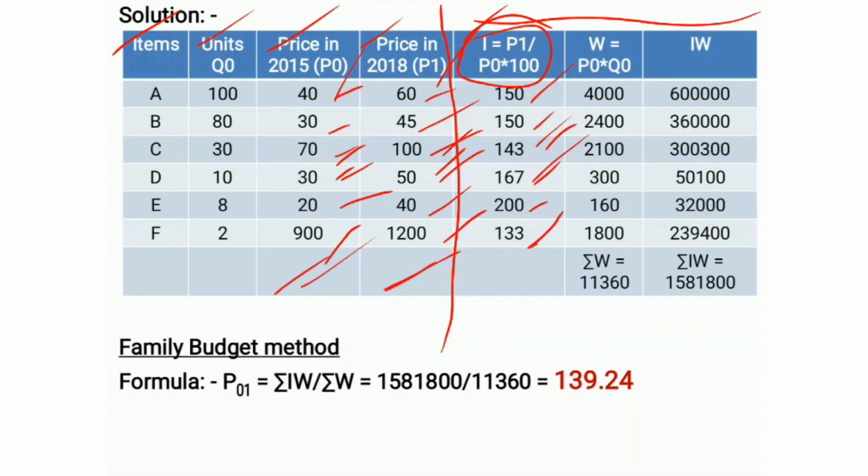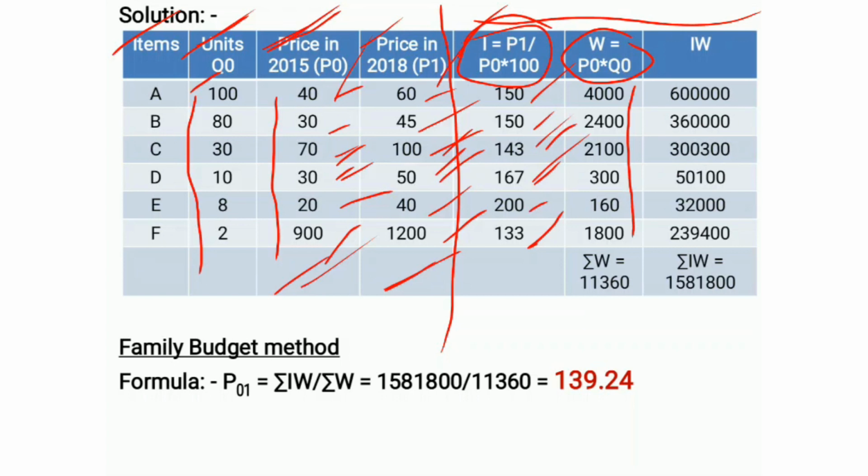After finding I, the next value we need to find is weight, that is W. W is given by P naught into Q naught. P naught is the price of base year, Q naught is the quantity of base year. Each value of P naught is multiplied by each value of Q naught, and you will get the weights.